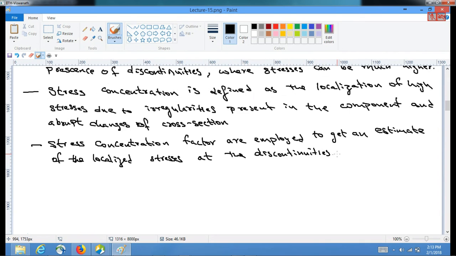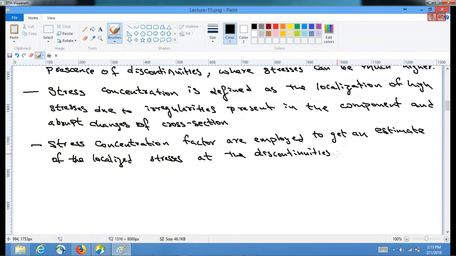So in this chapter, we will see what causes the different types of stress concentrations, and how the correction factors are employed using tables and charts.